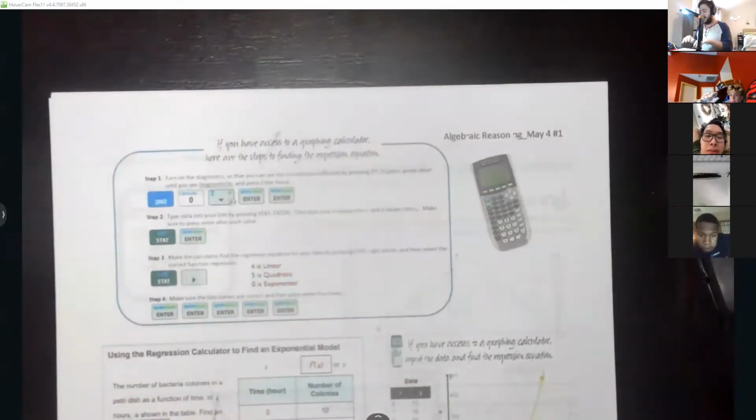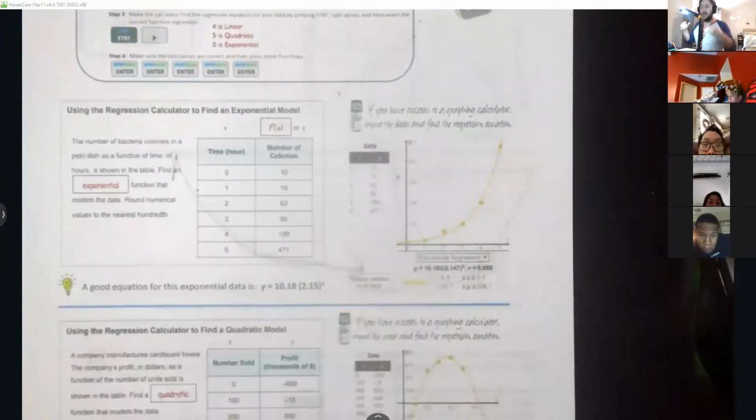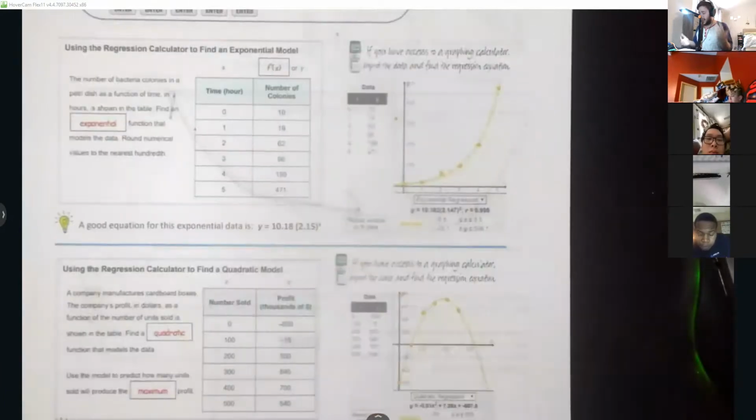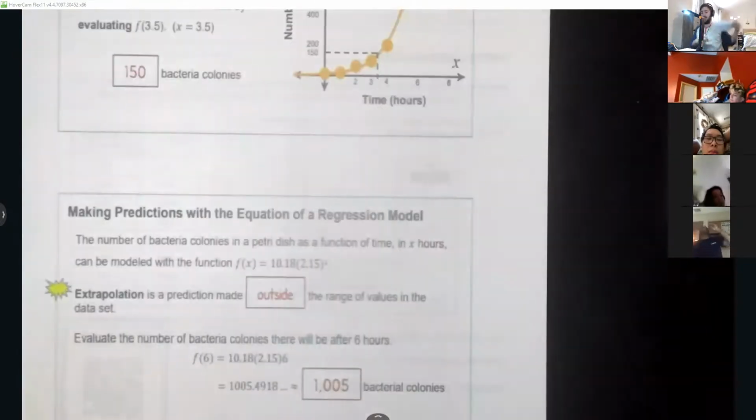We've done that all year. But we're not going to do that. Then this one is an exponential model. You can use the calculator to help you make predictions, get the regression equation, all that stuff. Same with quadratic down here. But again, we're just skimming over that because, hey, we may not have a calculator, and that's okay.